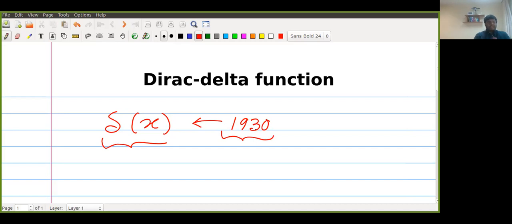It is a mathematical function and a very useful tool in physics, in quantum mechanics and quantum field theory. In many places we very frequently deal with the Dirac-delta function. That's why I want to discuss it in the first lecture.